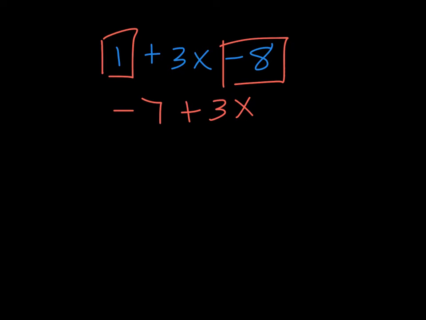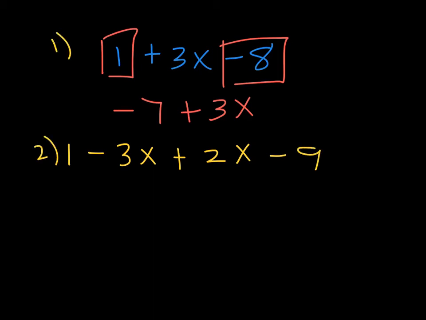The next one I'm going to look at is 1 minus 3x plus 2x minus 9. Let me go ahead and number these. I'm going to go ahead and box in my like terms. I'm going to box in 1 with negative 9 because they are both just numbers.